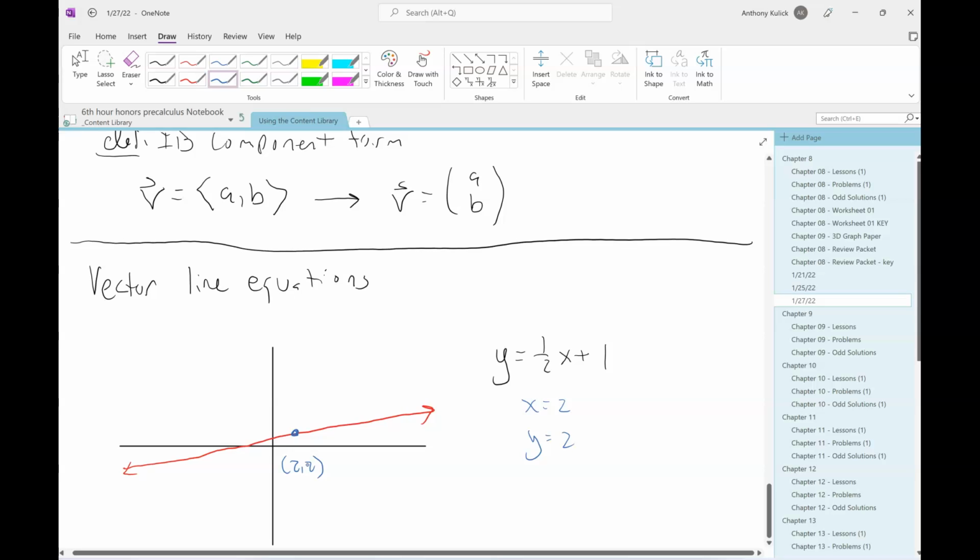We can do things like this with an equation for a line. And it's easy to check if a point lies on a line like this because you just plug in the x value and make sure it matches the y coordinate for the point. Obviously 2, 5 wouldn't be a point on this line because when you plug 2 in for x, you get the y coordinate 2, not 5, right?